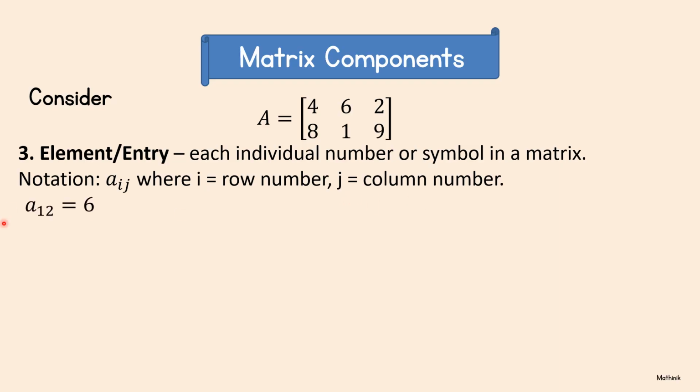For example, we have A sub 12 equals 6. So 1 represents the row number, that means row number 1. So we will look here. Then 2 represents the column, or second column. So we will look here. So their intersection is 6.